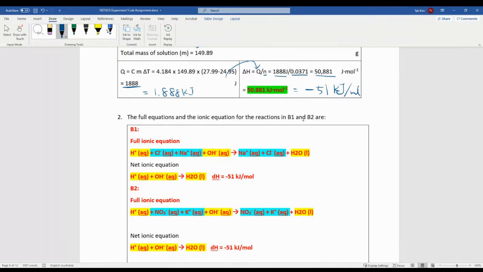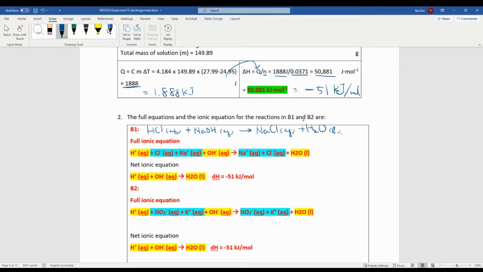It does not say full ionic and net ionic equation anyway, so the full equation should be HCl, aqueous, plus NaOH, also aqueous, goes into NaCl, aqueous, plus water, which is liquid.